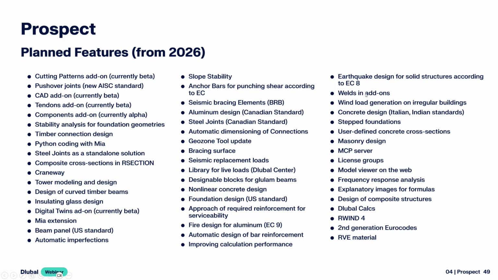You can, for example, generate surfaces from a member and the line welded joints will be created automatically. So then I showed you also, that's also an important feature, wind load generation on irregular buildings, not only on rectangular buildings. It will be also possible for such buildings.